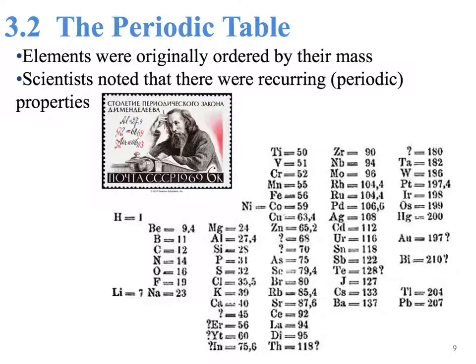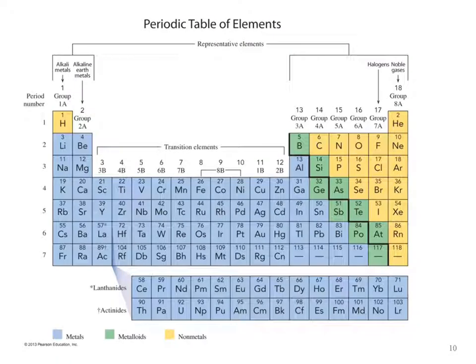Elements were originally ordered by their mass, but then the scientists noticed that some of the properties kept repeating. That's why they arranged them in this shape of the periodic table. Each column represents a group.